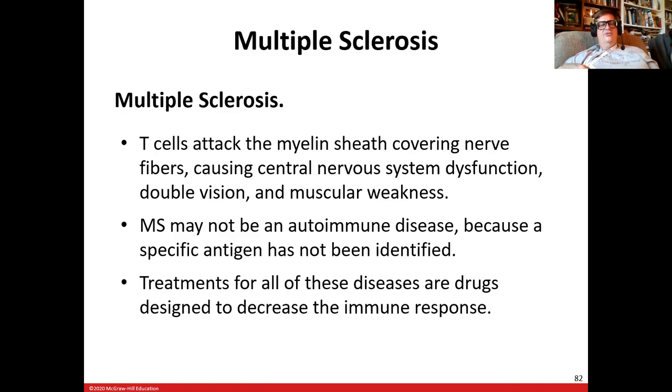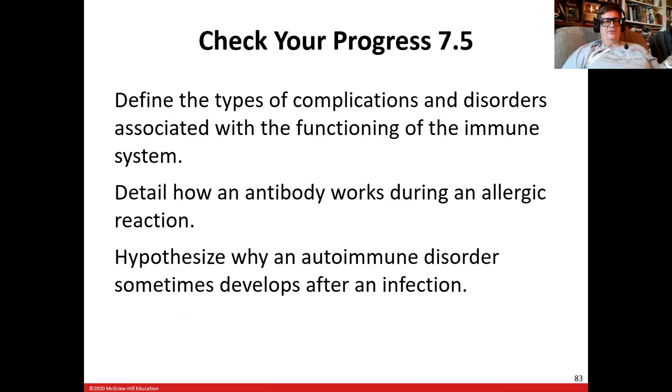This could cause systems to not work, muscular weakness, double vision. It's not good. We're guessing that that's an autoimmune disease. We don't know. The reason they're guessing is that the drugs that appear to be useful are immune suppressors.